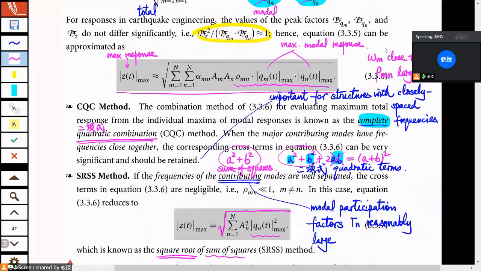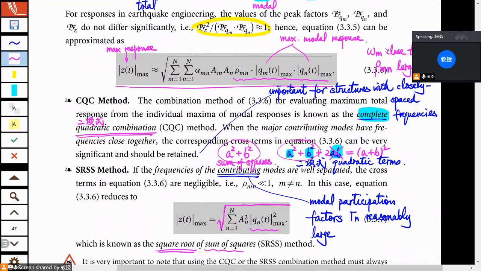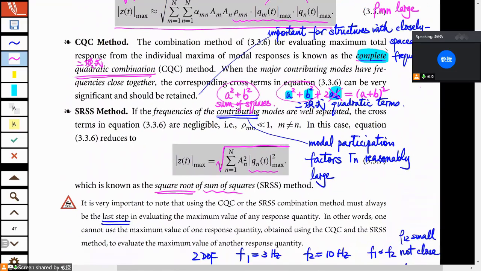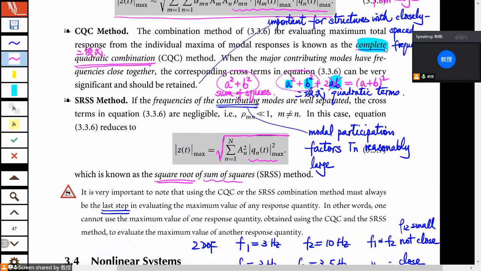Okay, another thing that's important, we will study this in more detail at the end when we look at seismic design.